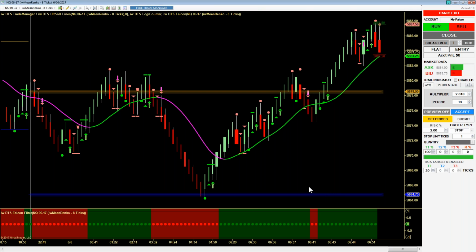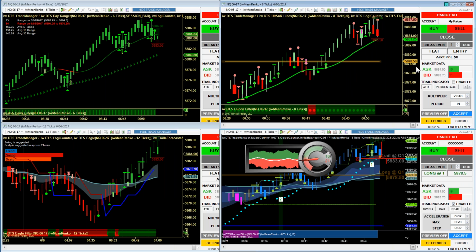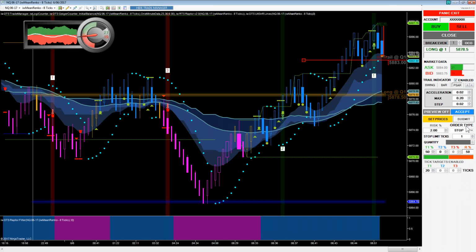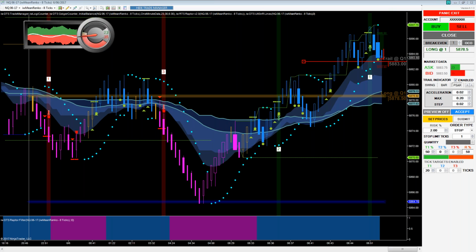They'll work on practically any bar style. Like I said, they'll work on tick bars. If anybody is interested in those, it's best just to contact Adam directly, and he will fill you in and give you all the particulars.